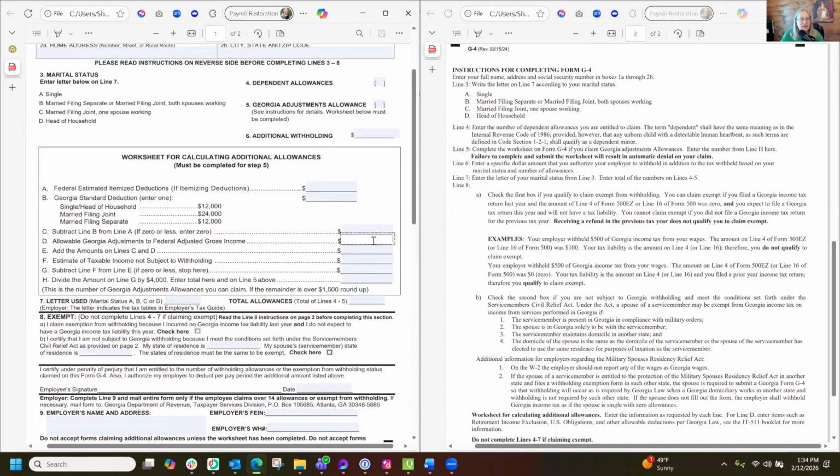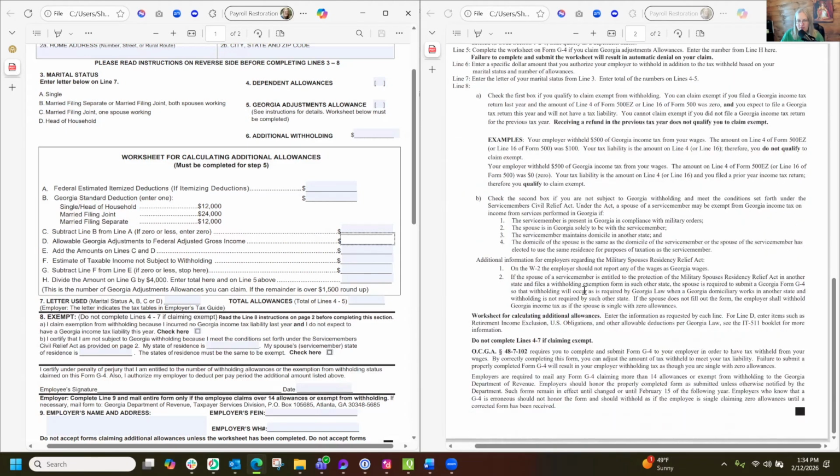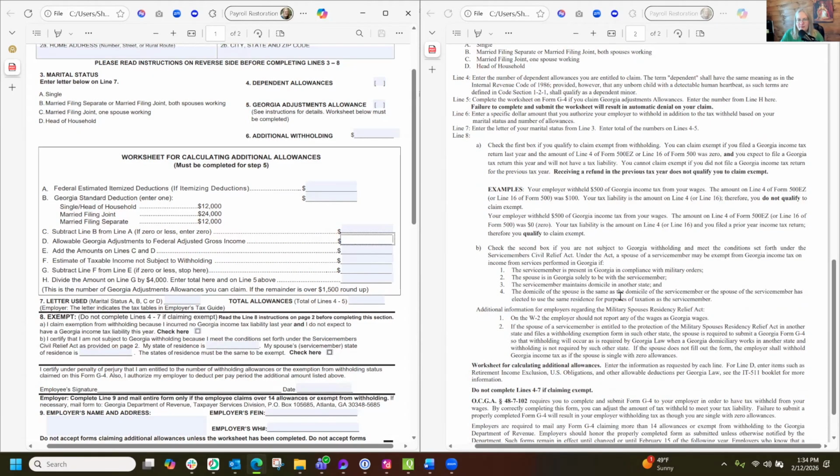And then line D is going to be the allowable Georgia adjustments to federal adjusted gross income. And that's where I was looking for more instructions, but I am not seeing that there are more instructions for the worksheet. I could be wrong.